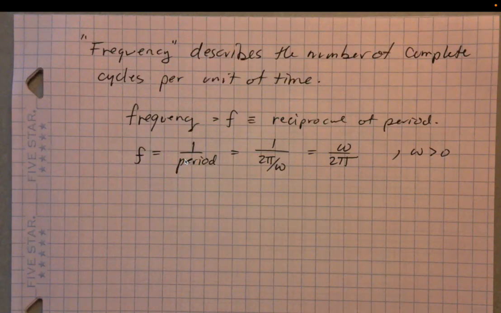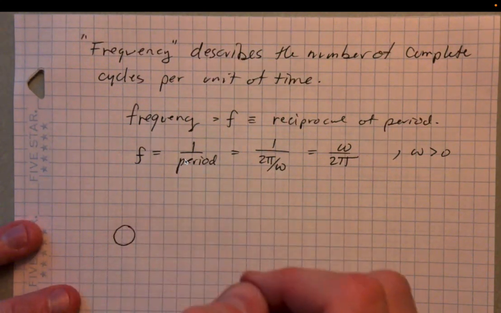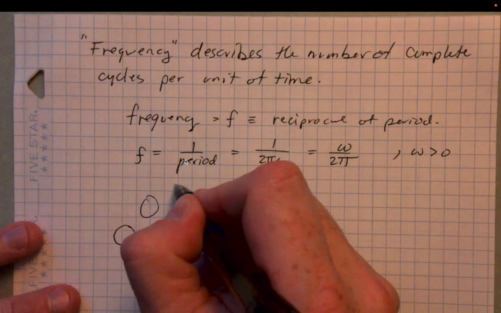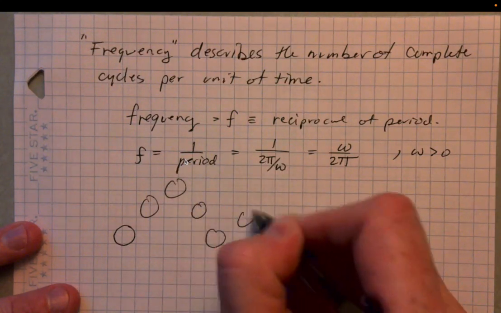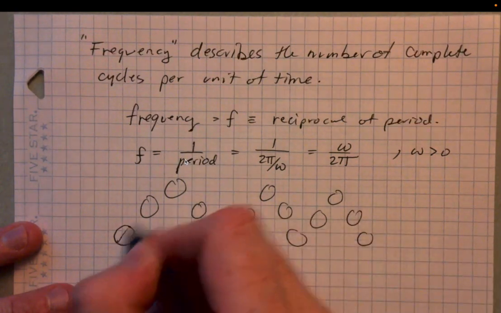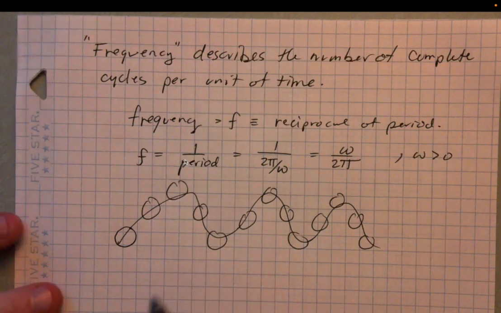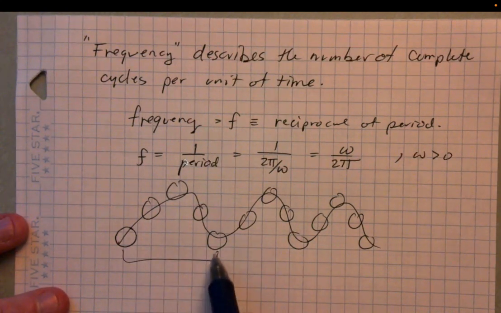Okay. And so given our previous example, let's figure out what the frequency of the ball is. The ball in our previous example starts out low, and then it comes up, and then it goes back down, and then it comes up, and then it goes back down. So it's got this kind of oscillating behavior, and we know that it repeats itself every 6 seconds.